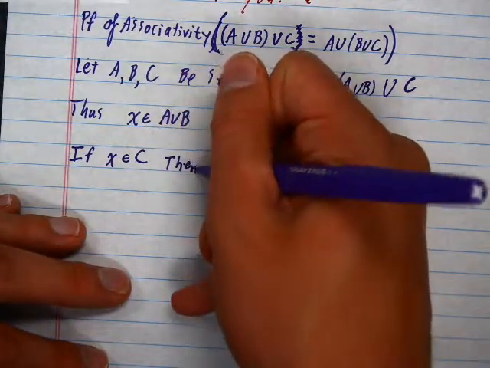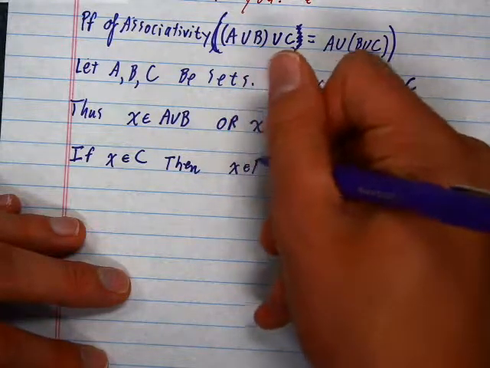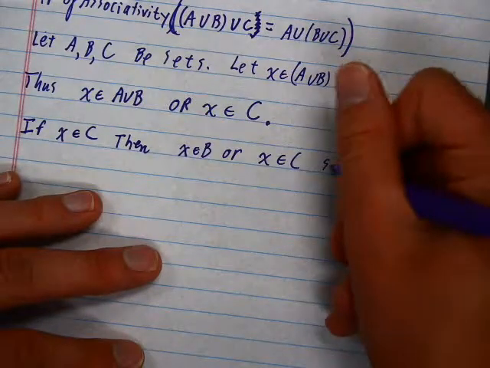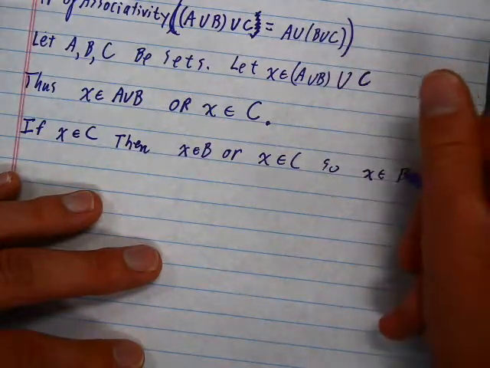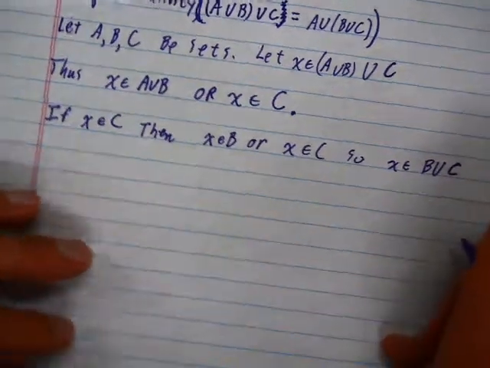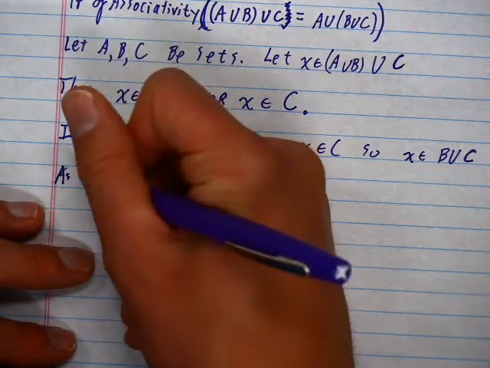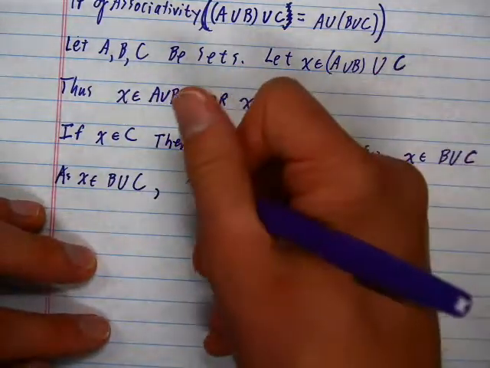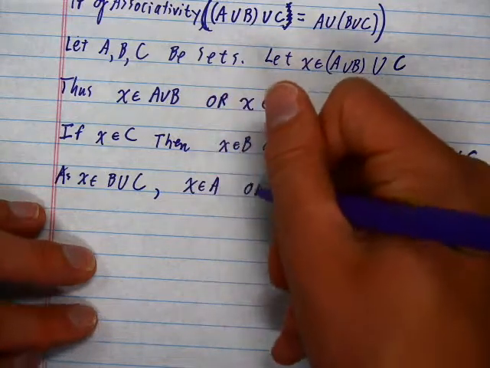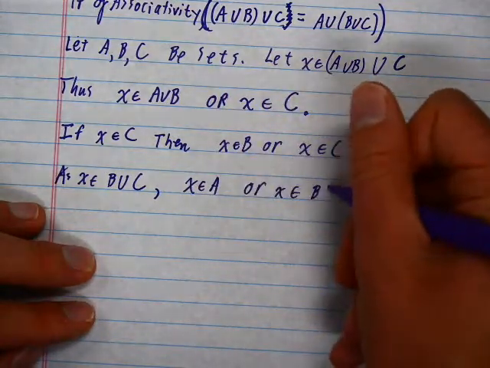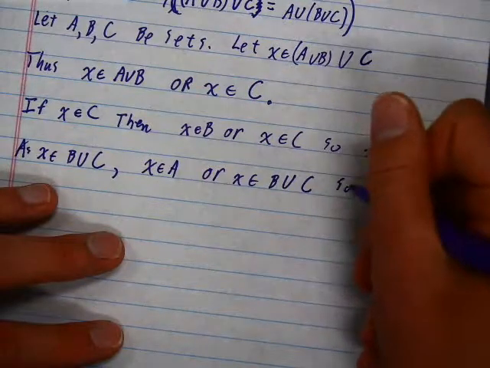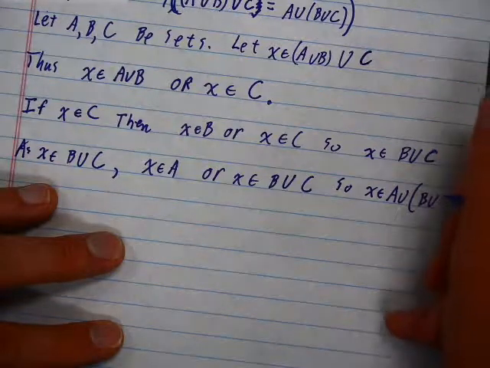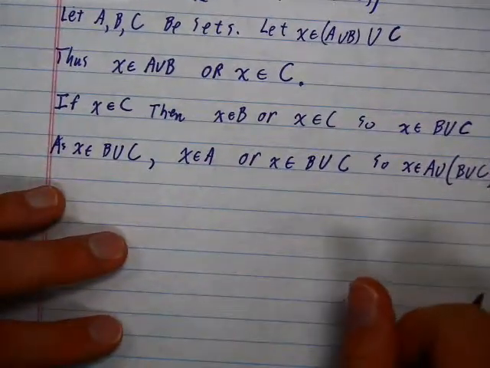Well, if x is in C, then it's certainly true that x is in B or x is in C. So x is in B union C. As x is in B union C, it follows that x is in A or x is in B union C. So x is in A union B union C. Good.